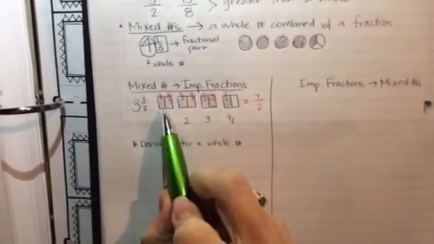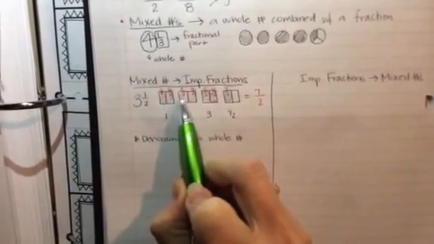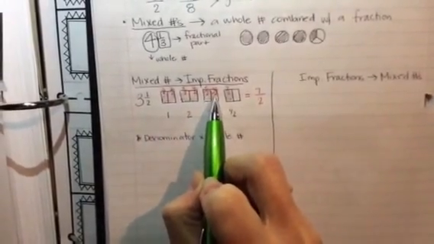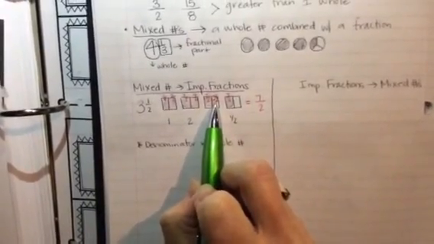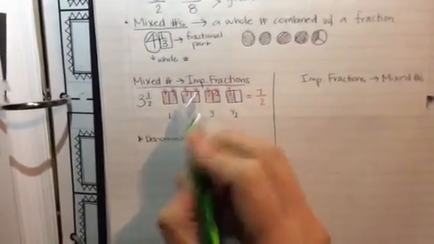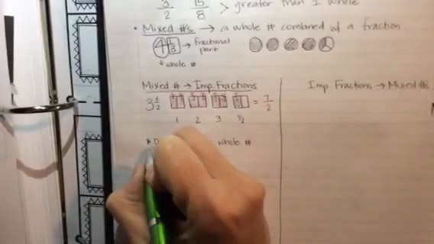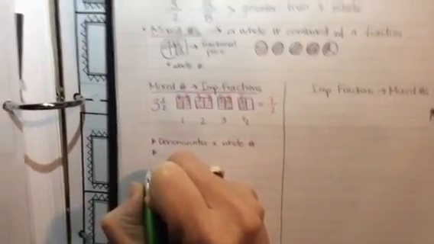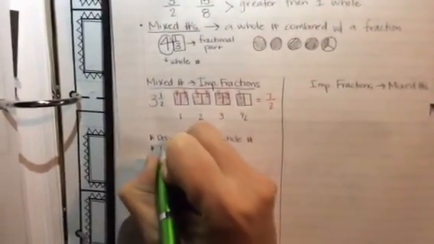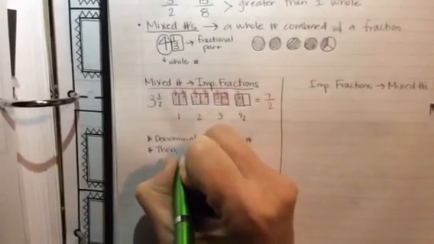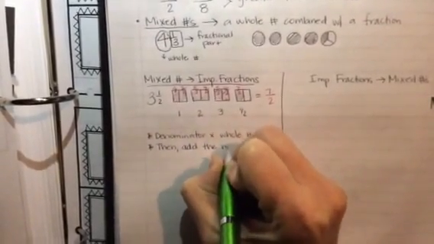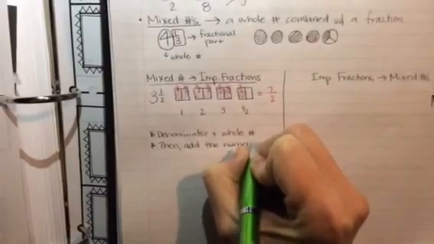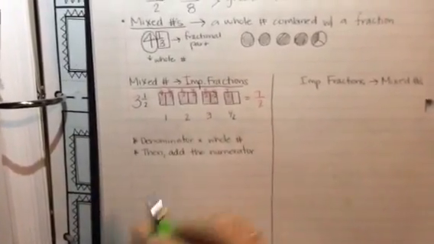So if you take note of my picture, that represents 1, 2, 3, 4, 5, 6 little pieces. But that's not my whole picture. So now I have to pick up this last piece. So then the next step is we're going to then add the numerator, because that represents a fractional piece.